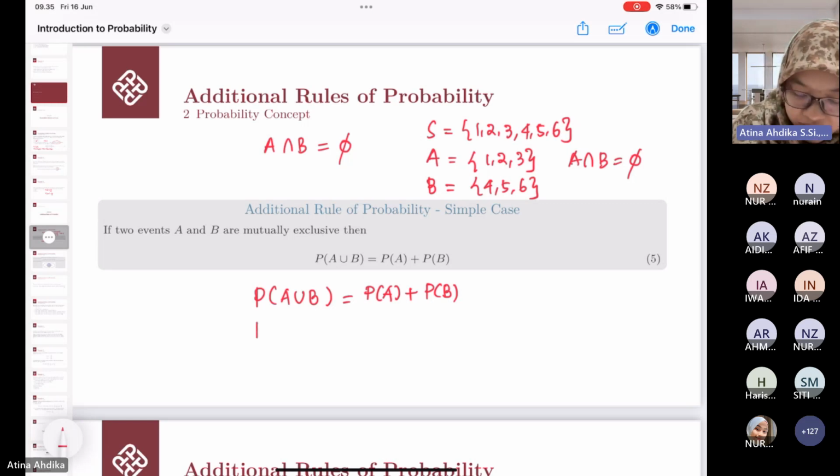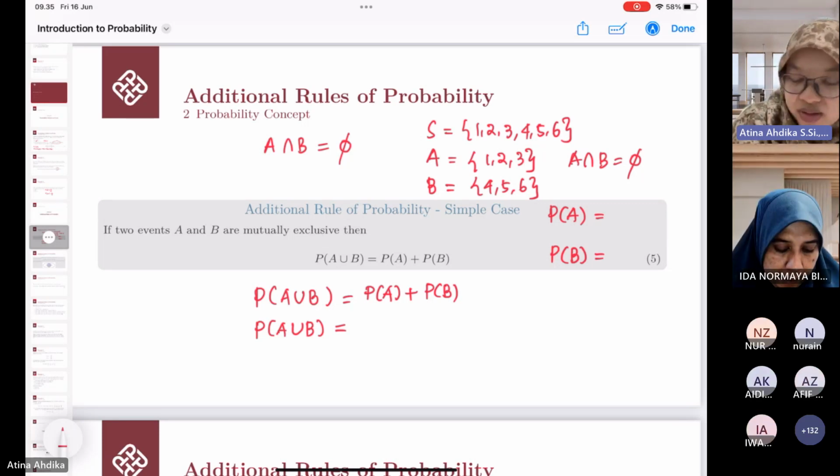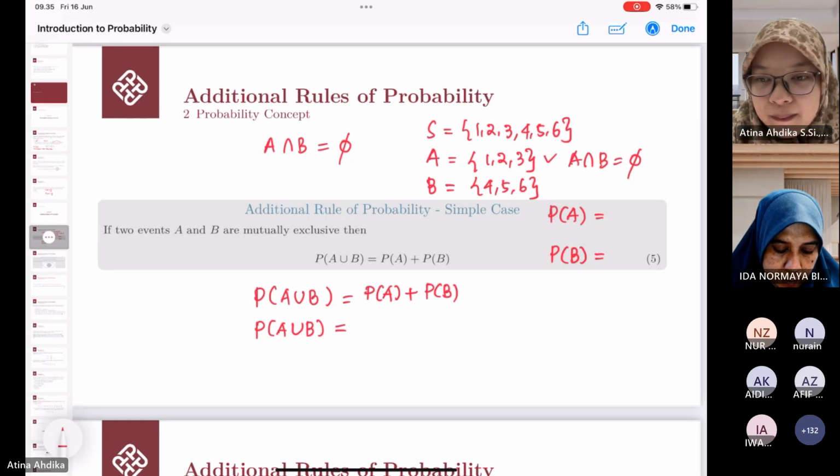So the probability of the union between A and B is the summation of the probability of A and the probability of B. So what is the probability of A? If we have three outcomes like this here, what is the probability of A? 3/6.